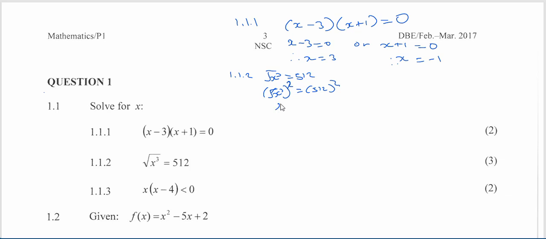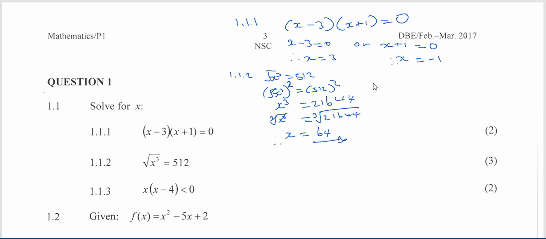You're going to be left with x cubed equals 64, and then here you apply the third root, which will cancel each other. So here, x cubed equals 64, where you're going to have x being equal to 4. So this will be your answer.